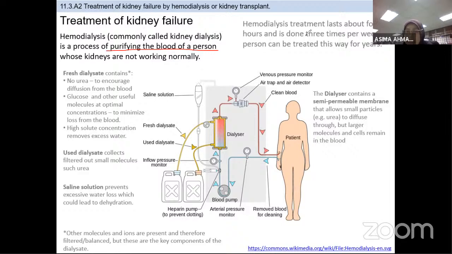Each session 4 hours, all right, and in a week kena go through 3 sessions. All right, so a person can be treated this way for years. Yes, cikgu pun dah dengar lah, ada orang dah bertahun-tahun they have to undergo this treatment. All right, so the concept here, they use fresh dialysate. All right, ni kidney dialysis lah.